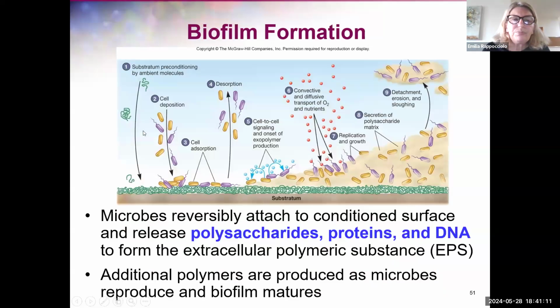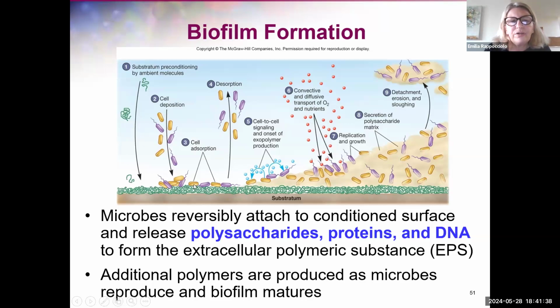It forms by cells sticking to surfaces. The surface needs to be conditioned by the presence of something organic, proteins, glycoproteins, sugars, they might be there, and then when they're there, they kind of stick there. This first attachment is not very strong.